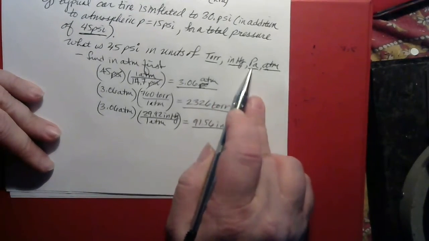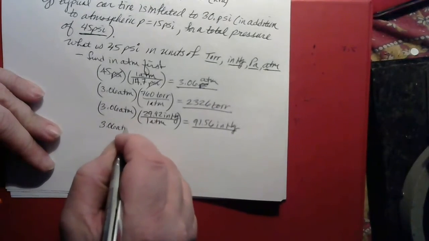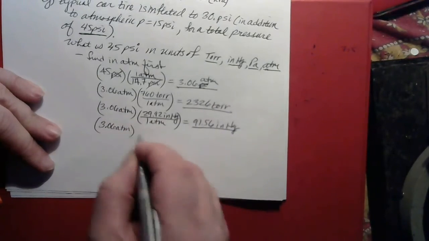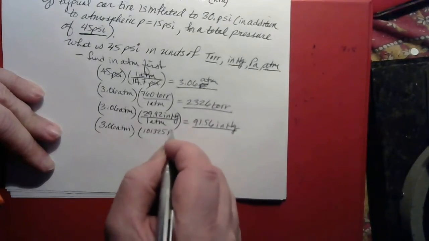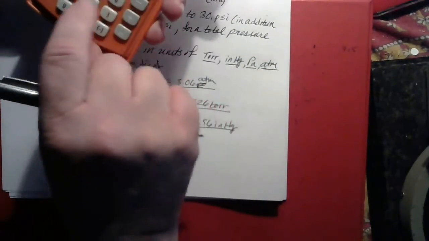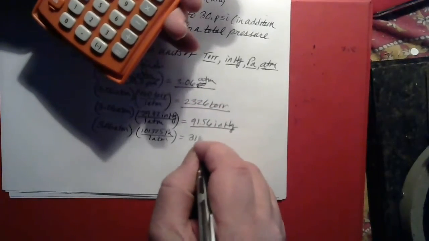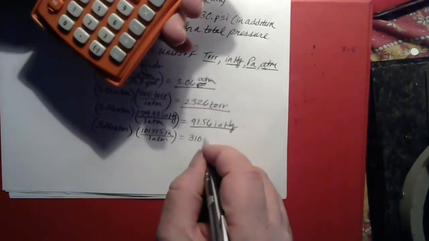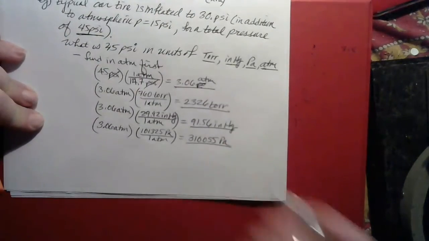Okay, and then pascals. 3.06 atmospheres, and there's 101,325 pascals for every 1 atmosphere. So 3.06 times 101,325, and we got 310,055 pascals.